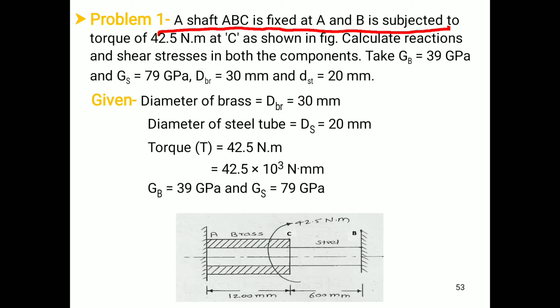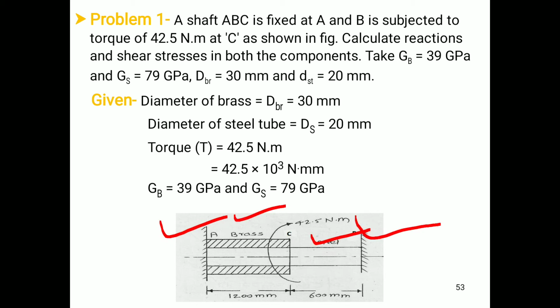As per the statement given, we have a shaft which is fixed at both ends, end A and end B. This is a brass shaft and this is the steel shaft. The diameter of the brass shaft is 30 mm. The diameter of the steel shaft is 20 mm. And the total torque is 42.5 Newton meter.